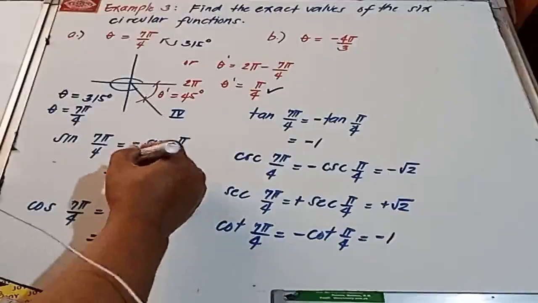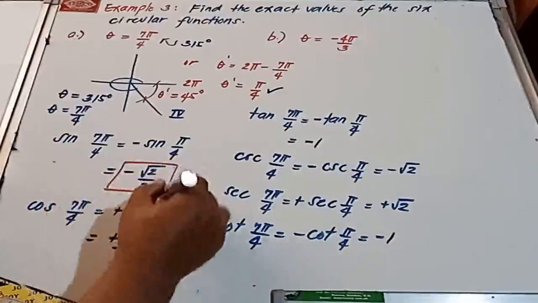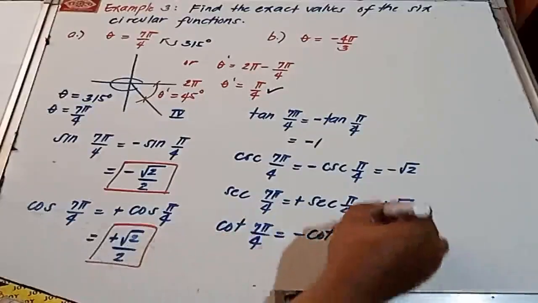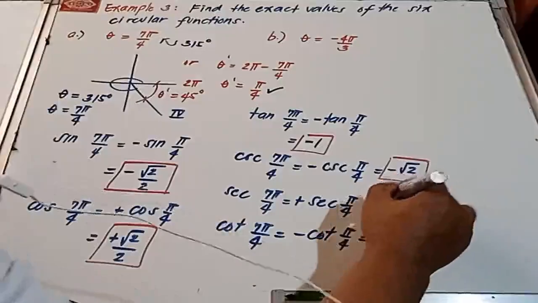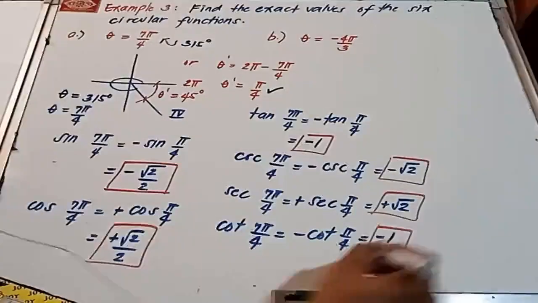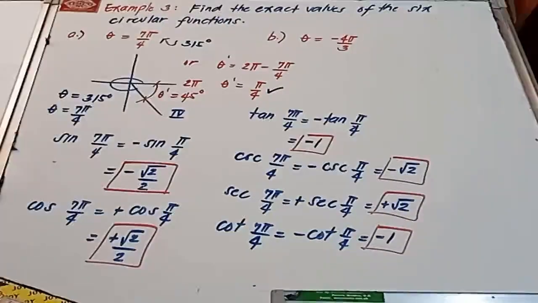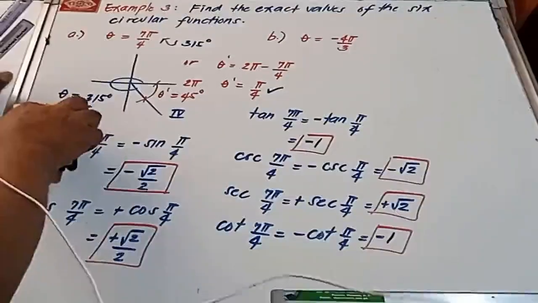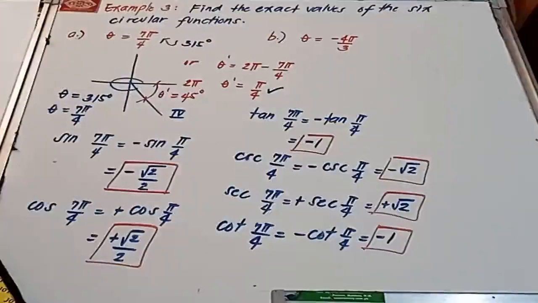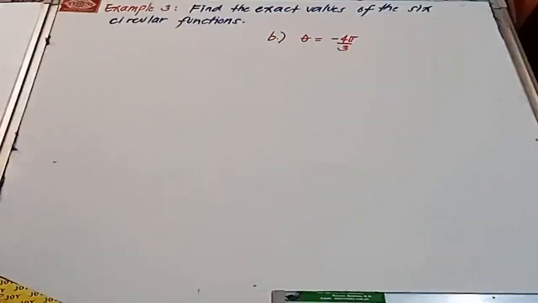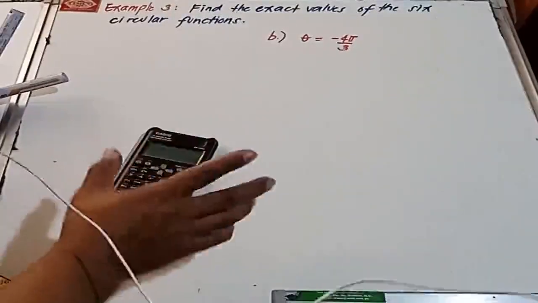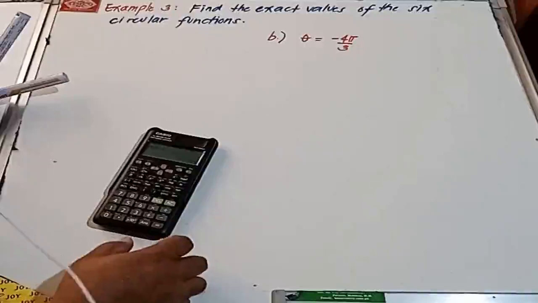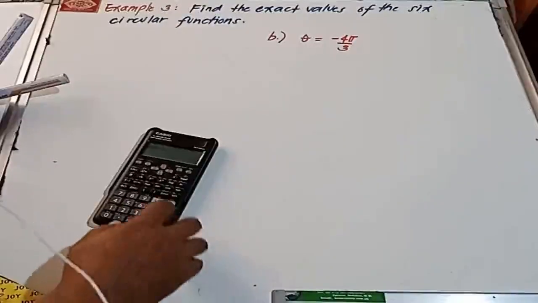We have sa dalawa, tatlo, apat, lima, and the last one is this one. Okay? So, ito na yung letter B. In answering letter B, we must first convert negative 4 pi over 3 to degree para malaman natin kung saang quadrant nag-fall yung ating terminal side sa xy plane.